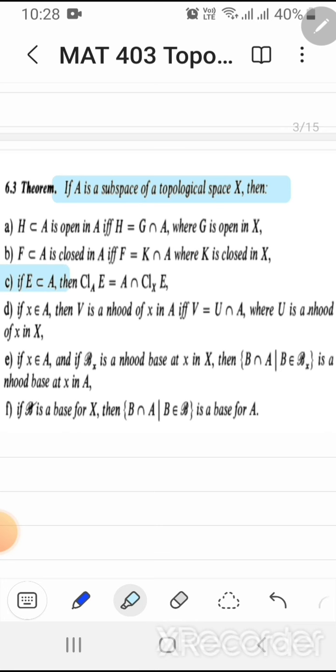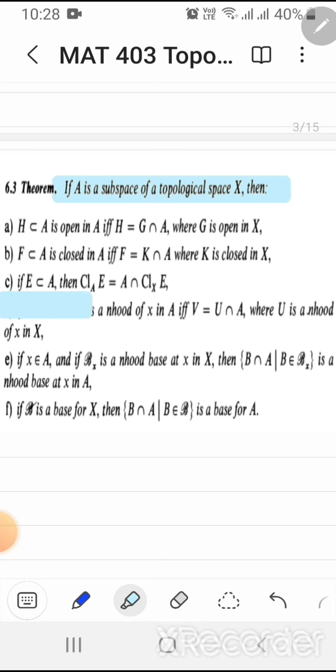If E is a subset of A, then the closure of E over A is nothing but A intersection the closure of E over X. Now the next result is for neighborhood.